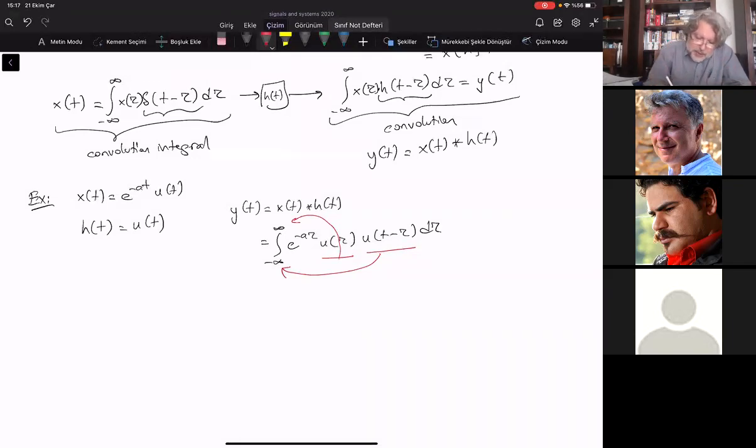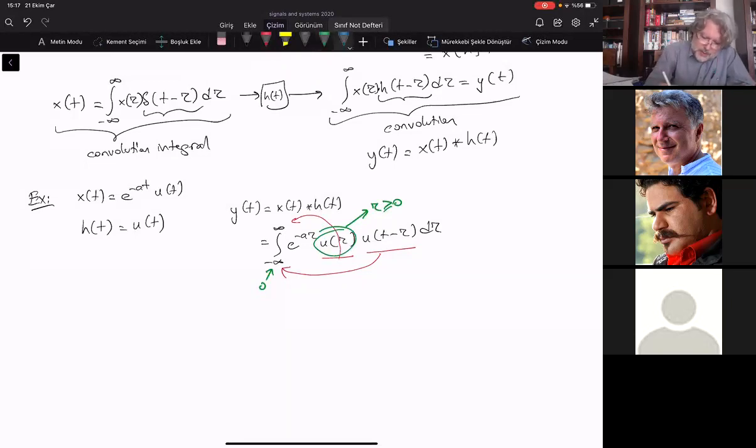For example, from this u of tau, I can say that tau must be greater than or equal to 0, right? Because if tau is less than 0, u of tau will give me 0, and it's in the multiplication form inside the integral. Therefore, the integral is enforced to be tau greater than 0. So this starting point must start from 0 and onwards. So the lower bound of the integration is 0.